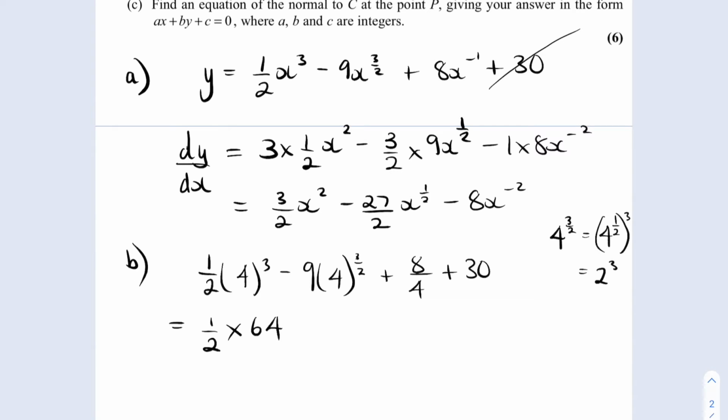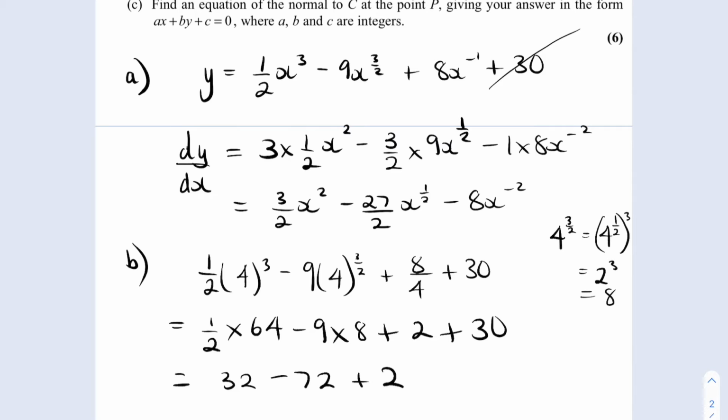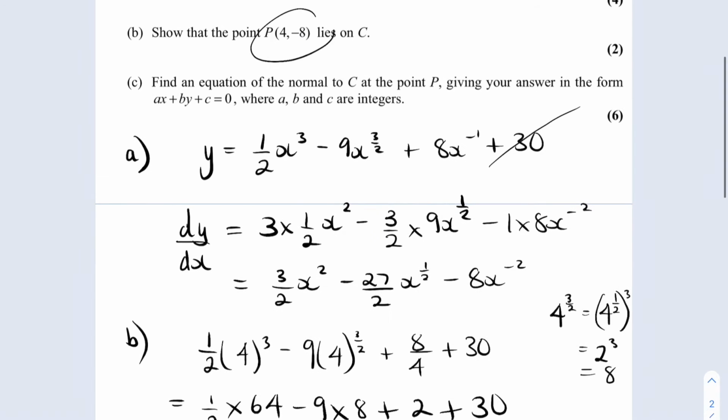This is just 2 being cubed, which is 8. So I've got minus 9 times 8. 8 over 4 is 2, and then 30 on the end. So 32 minus 72, which is minus 40, plus 2, which is minus 38, plus 30 is minus 8. And that's the desired y coordinate. So that's for 2 marks, that's done.